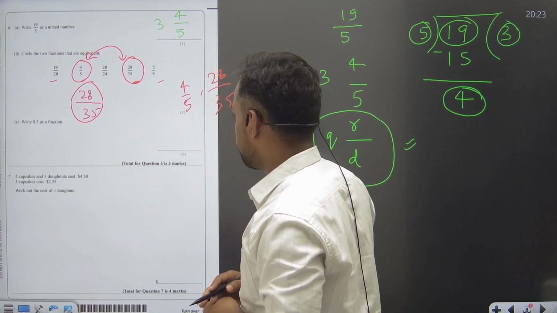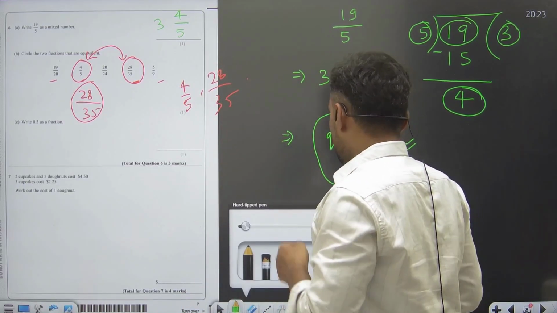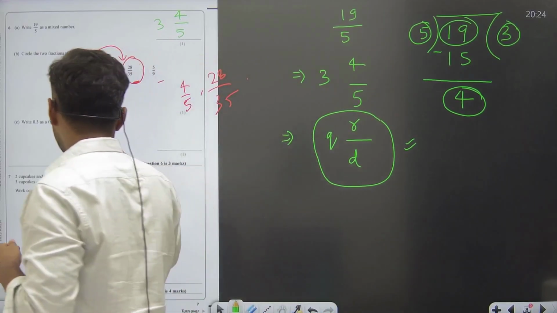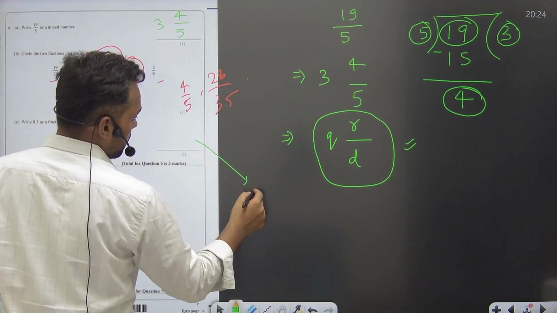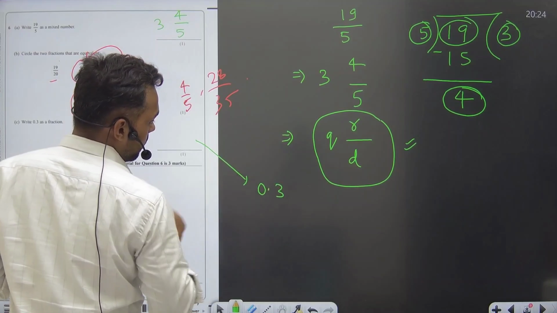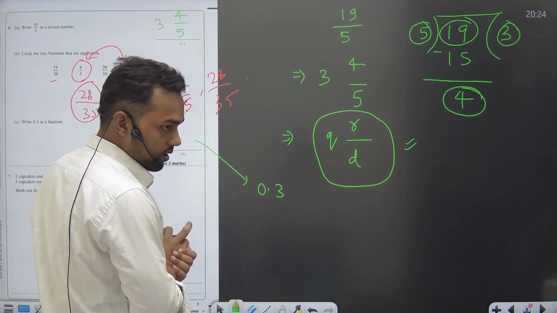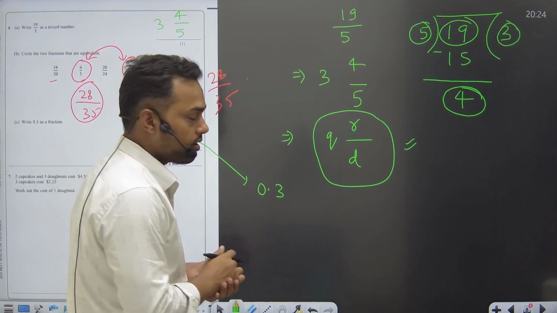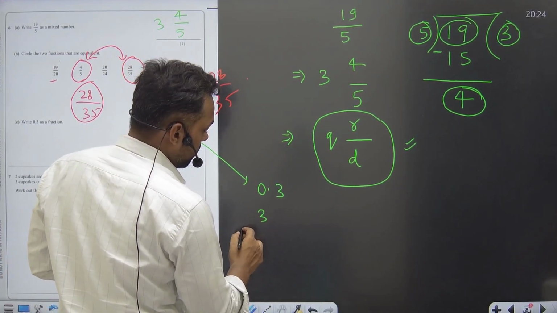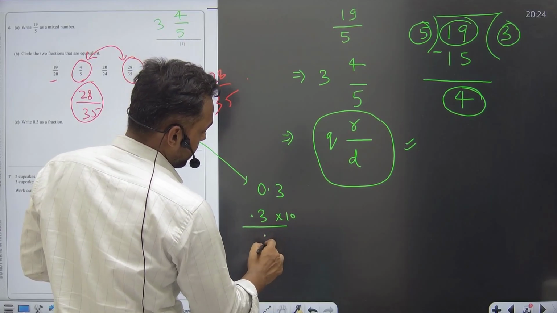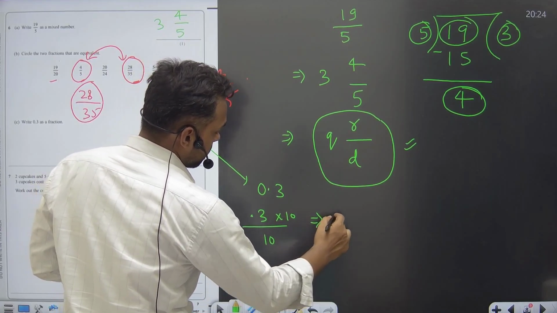Okay, students. Next is write 0.3 as a fraction. You need to multiply by 10 in the numerator and in the denominator. So it will be 3 upon 10, that is 0.3 cross 10 upon 10.